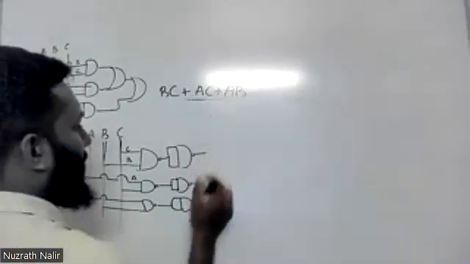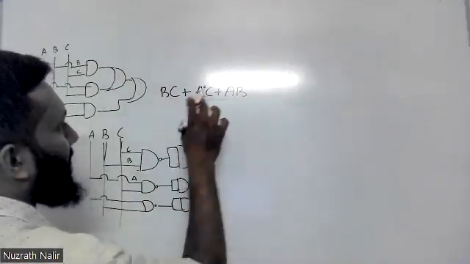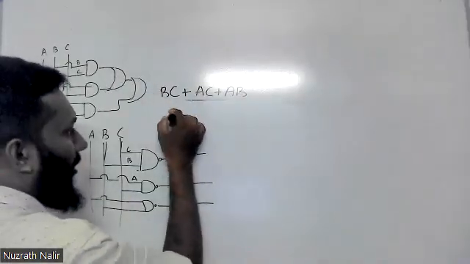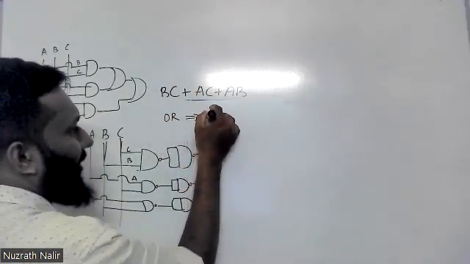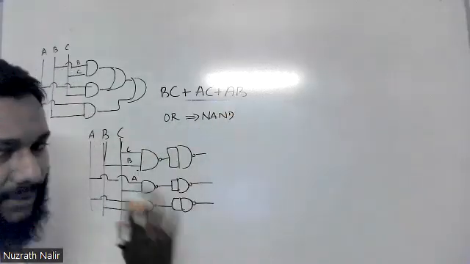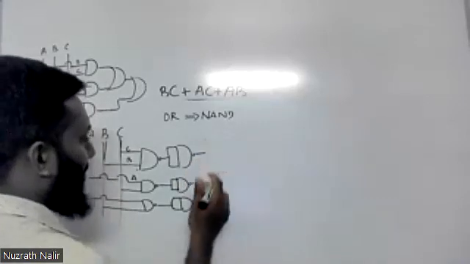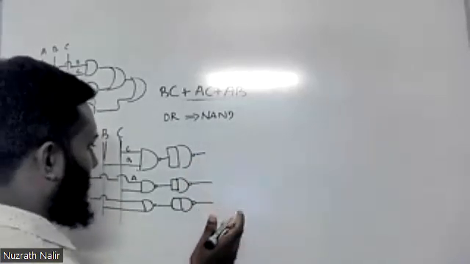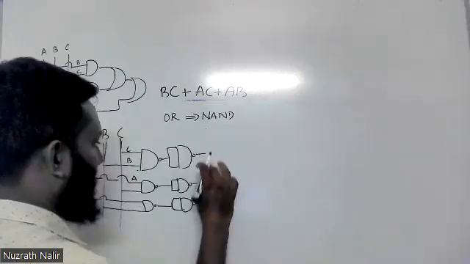Fine. Now we are going to implement the OR gate by using NAND. Here both are not the same family. So what you have to do is use the parallel pattern. So this is your first and second.